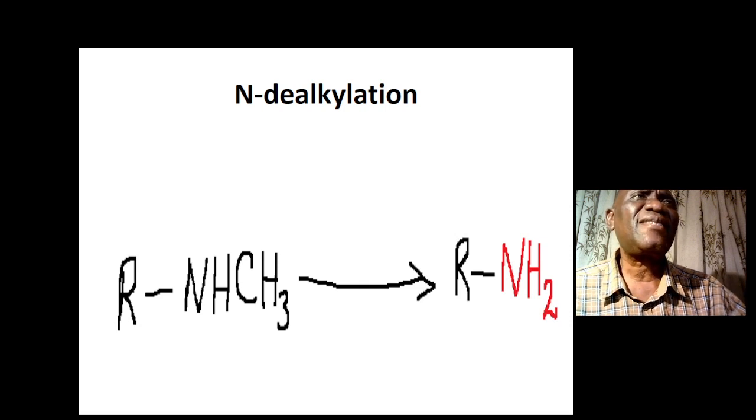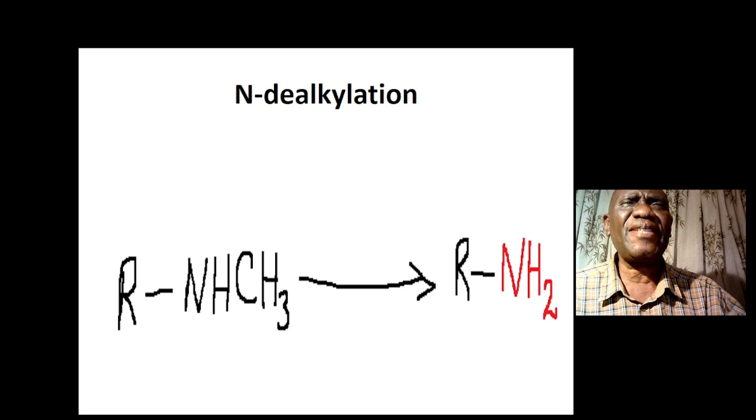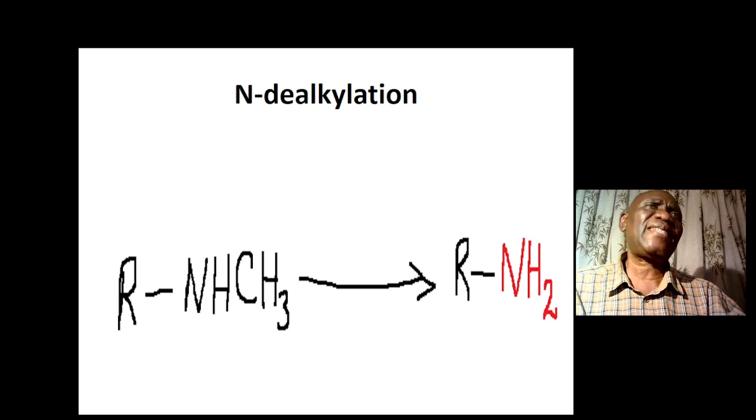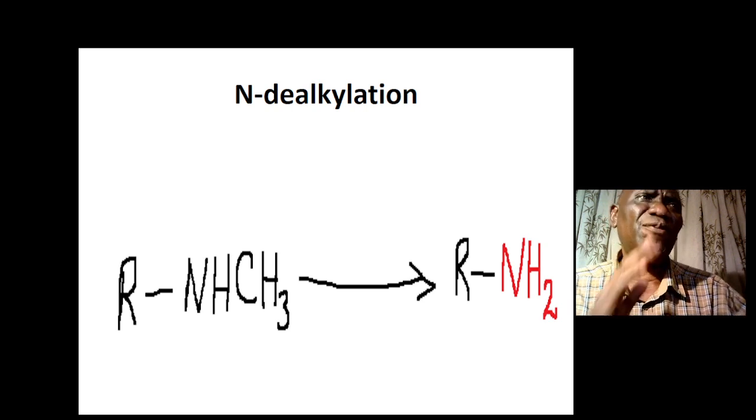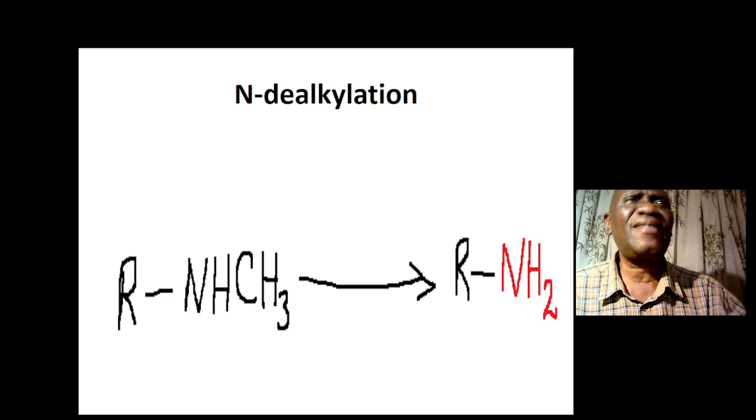The other process is known as N-dealkylation. If there's an NH, this R represents the complicated part of the molecule. So we focus on what is important, NHCH3.